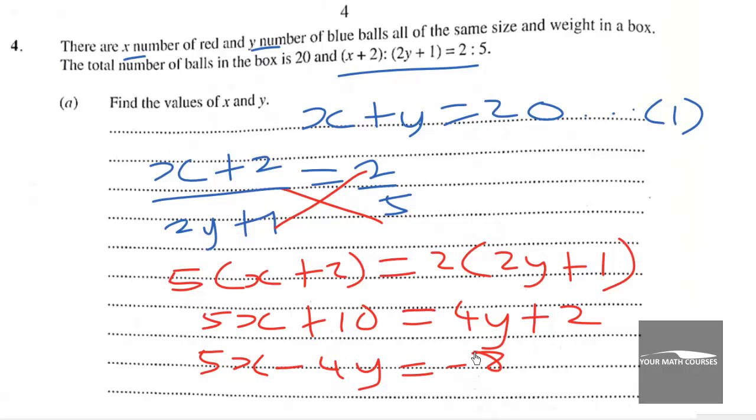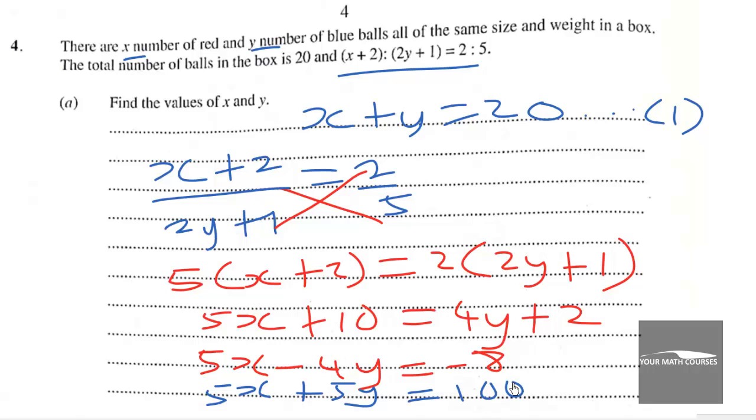So I can multiply through equation 1 by 5. I will get 5x plus 5y is equal to 100.